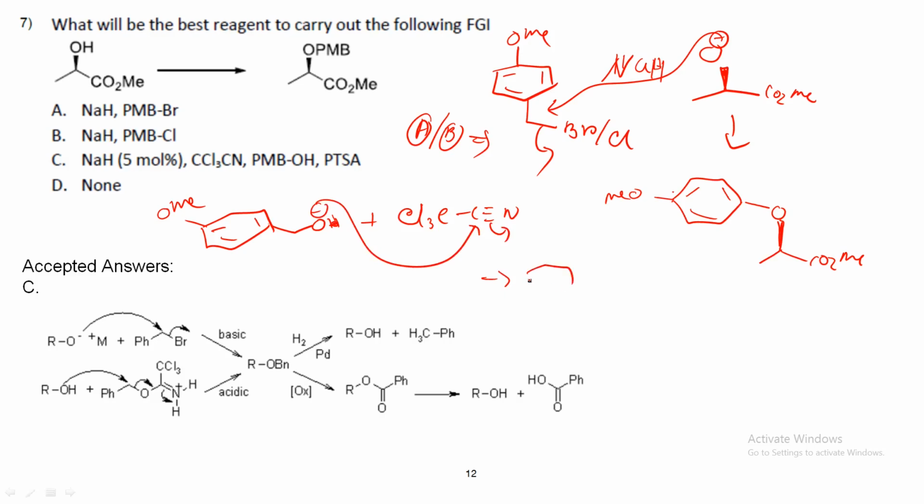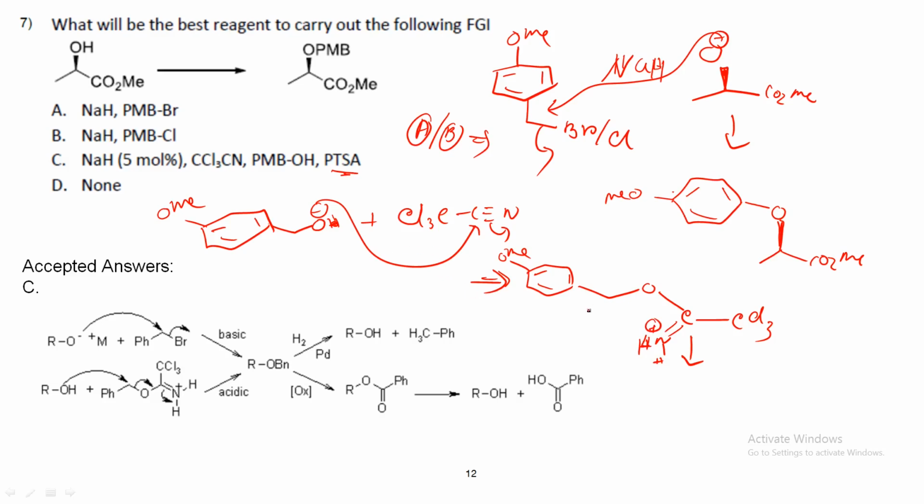So OMe, H2O, here C double bond NH, and here we have CCl, right? So this we have generated. Now we also have PTSA, one acidic reagent.